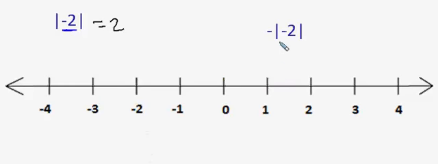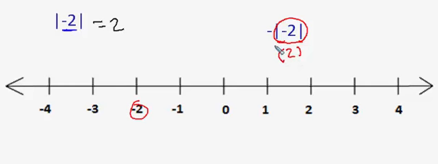Sometimes in these longer computations, a summary helps. We started with the absolute value of negative 2. Here's negative 2. The absolute value is the distance that negative 2 is from 0, and it is 2 units from 0. Since we always think of distance as positive, that piece came out to be 2.